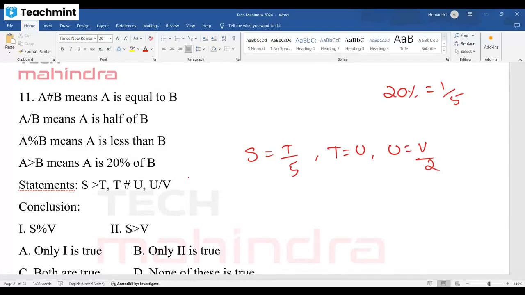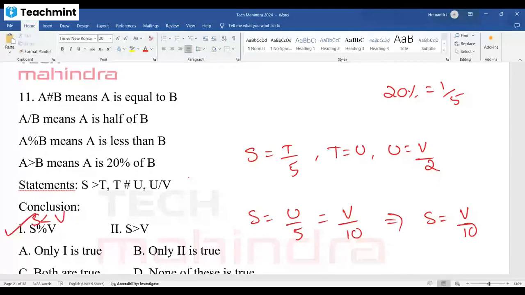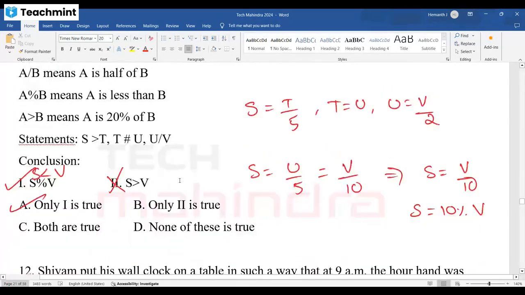In place of T, I can put U. In place of U, I can put V by 2, which means V by 10. So S equals V by 10. S is less than V, correct. S is 20% of V? No, it's 10%. 1 by 10 is nothing but 10%, not 20%. So only one is true. This is a bit different question related to inequalities. Only the first conclusion is true.